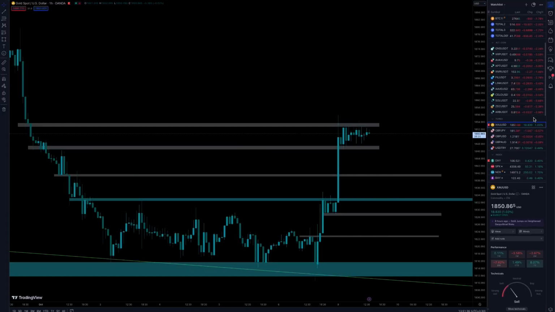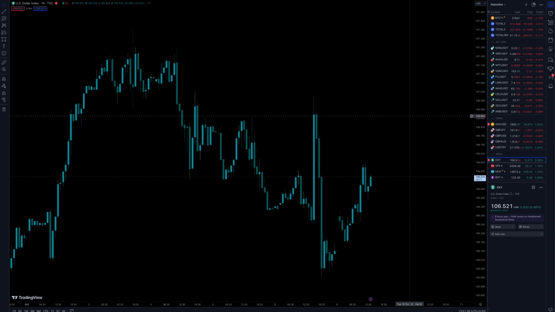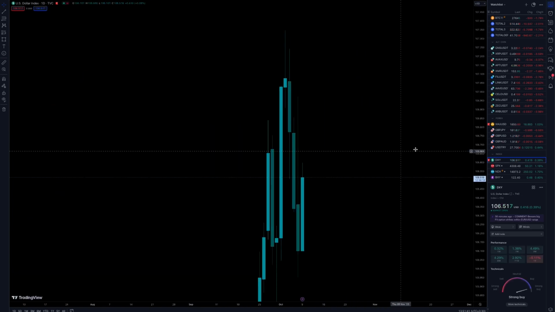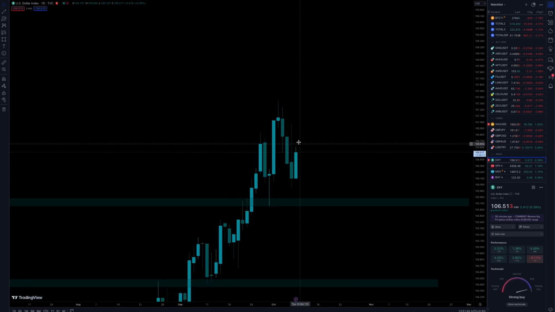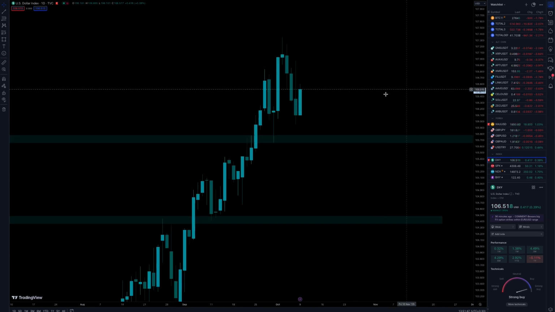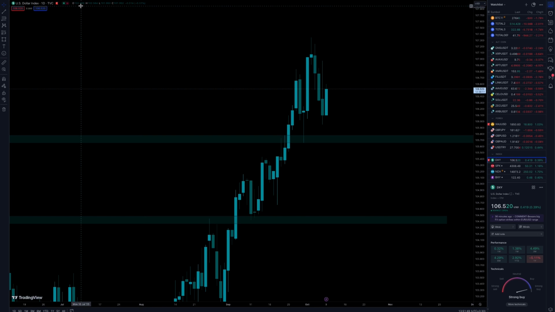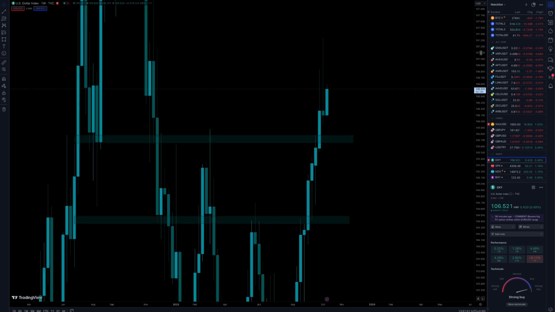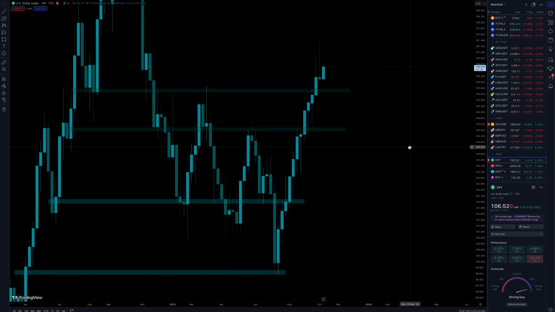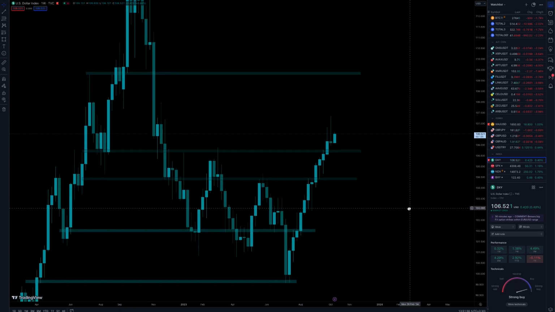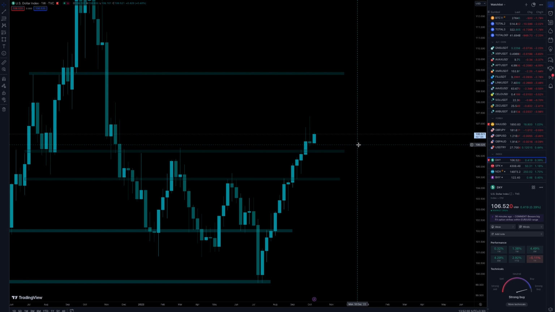Let's go to DXY. Because of this conflict, we see a little move down for the DXY, which I see as a correction, because as you see, DXY is one of the strongest currencies among other pairs. So what will cause this DXY to weaken?